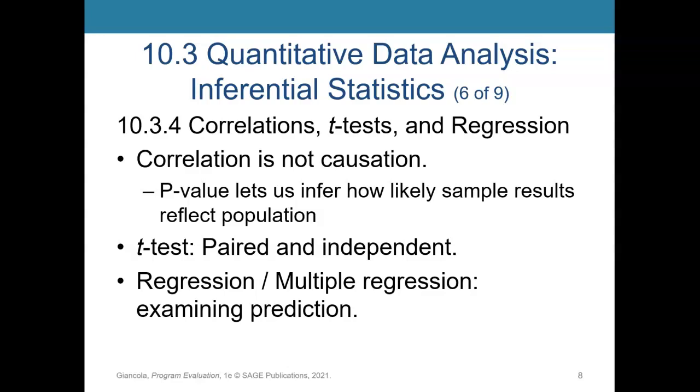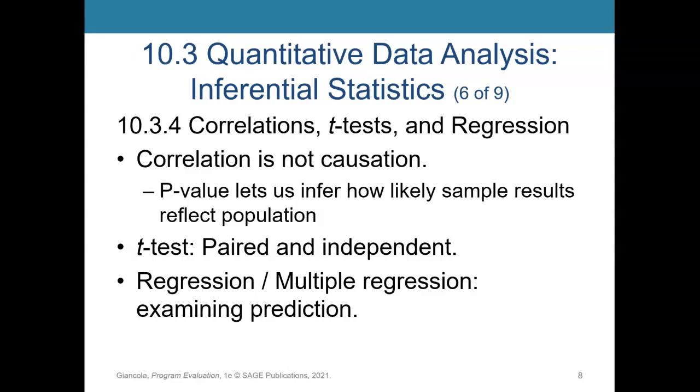But what we'd like to know is, based on our program design and the number of participants and other factors, is that difference that we're seeing between the means big enough or strong enough that it tells us that there's very likely to be truly a difference in outcomes for the two groups. That's what a t-test does for us. It helps us determine whether the difference between those two means is actually a significant difference, a true difference.